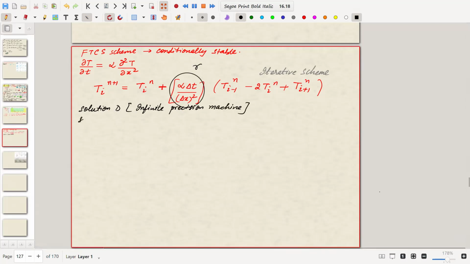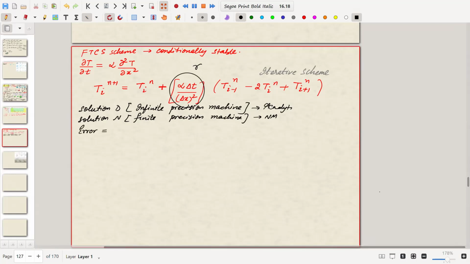And solution N represents the finite precision machine, that means this is via numerical methods. This is analytical. So our job is to find what the error is. The error can be written as N minus D. It is just the difference.